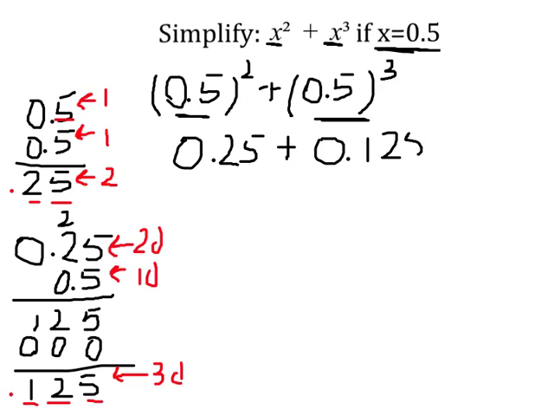Alright, so now that I've done both of my exponents, the last step that I need to do is addition. When I add, I need to line up my decimal. Again, I'll put the number with more digits on top, so 125 thousandths on top, and then add 25 hundredths down below. Oops, there was my mistake. I thought we were multiplying, so I didn't line up my decimal.